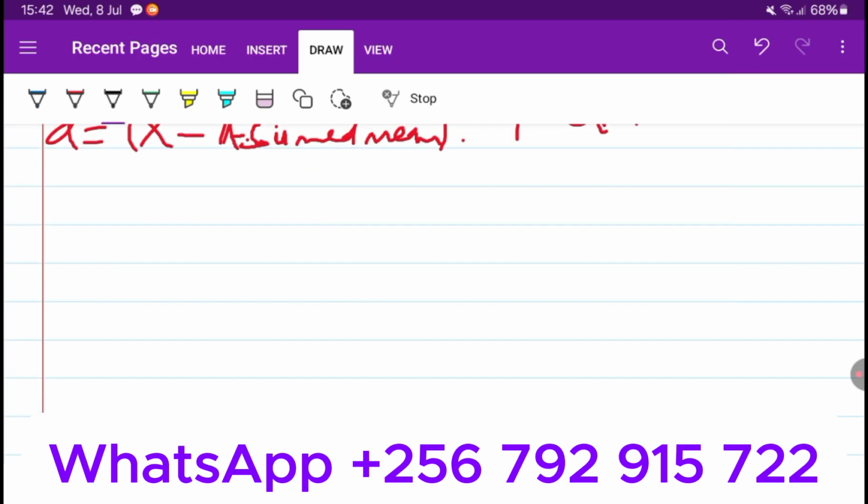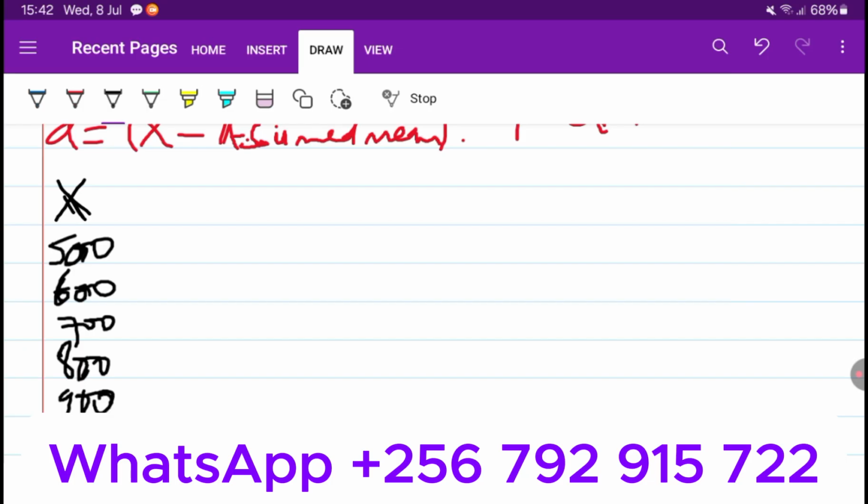We have the x values. The first one was 500. The second one was 600. This is 700, 800, 900, 1,000, then 1,010.